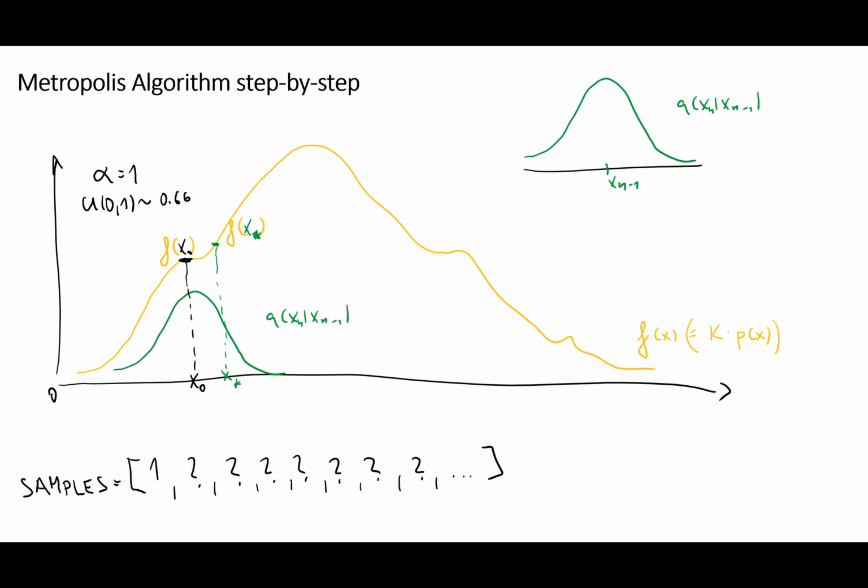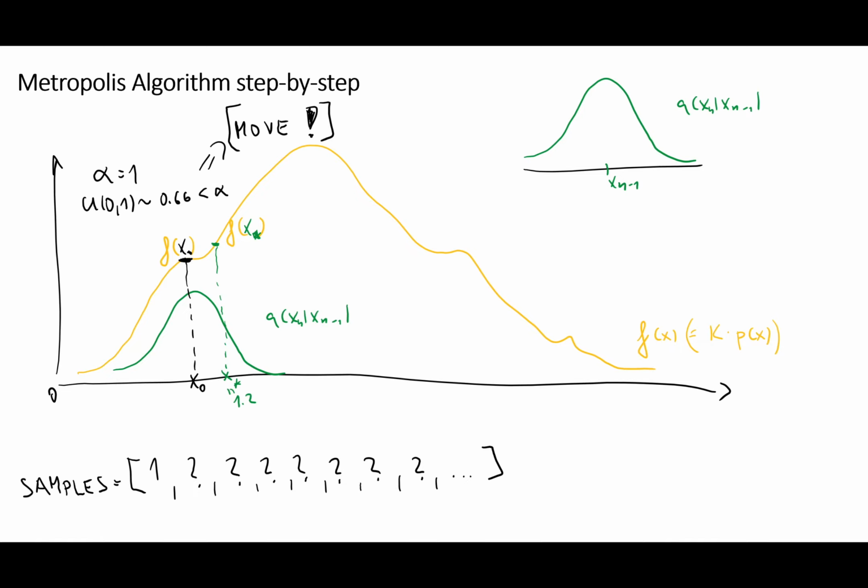The cool thing, and maybe it's also a little bit of a curse, is that if alpha is 1, then we will always accept the sample. So you can see a hint that if the proposal sample has a higher probability under the f distribution or P distribution, then it will always be accepted by the Metropolis algorithm. We will see in a moment how this behaves and what pitfalls it can cause.